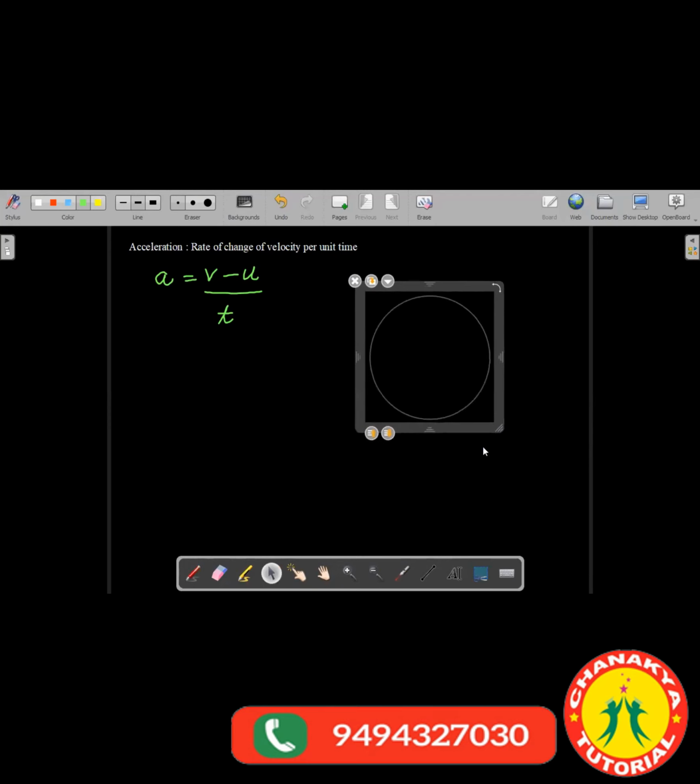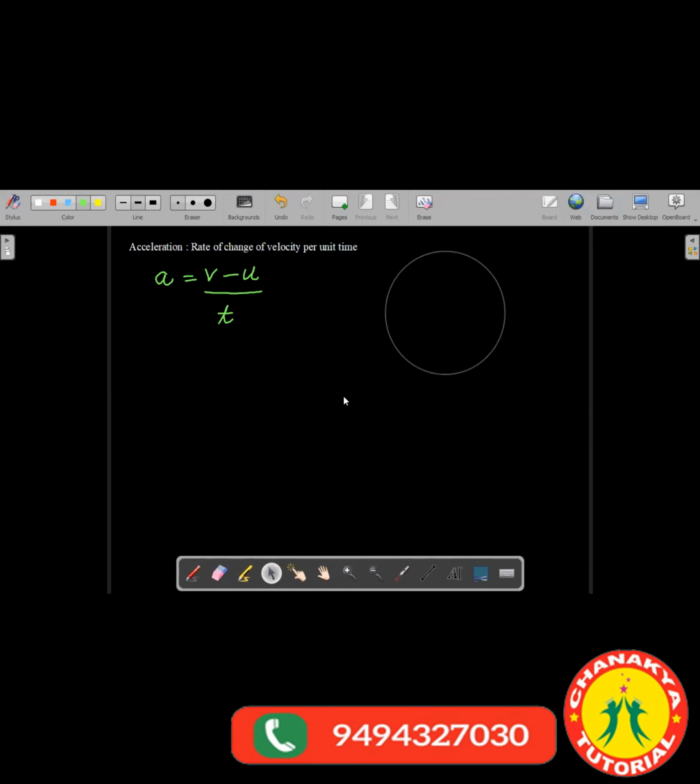Okay, so consider here an object moving in a circle. Let us have different instances of the object. I am marking the different instances of the object, and we'll try to find out the change of velocity, and see in what direction the change of velocity occurs. Okay.